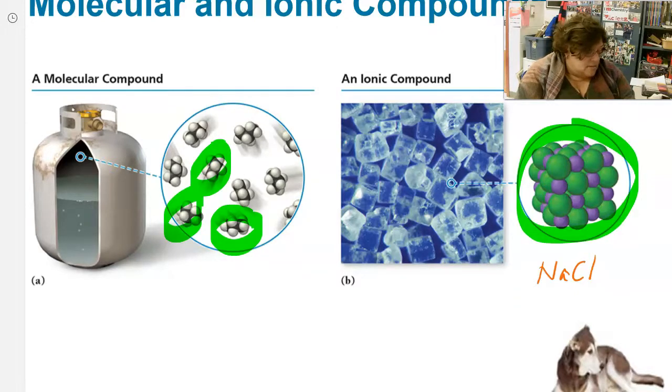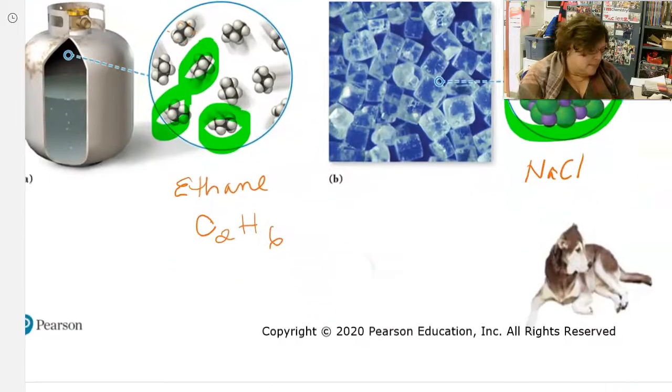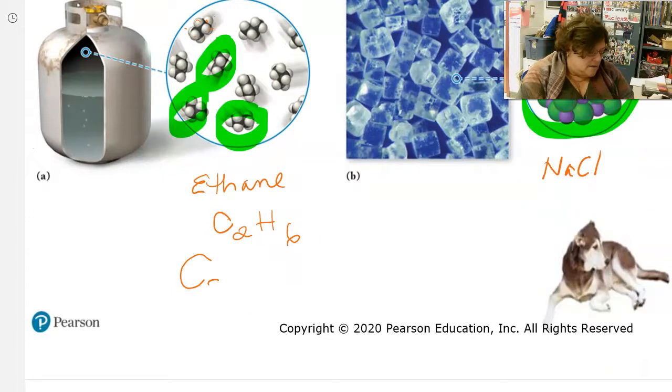And this looks to me like it's probably ethane, which is C2H6, because I'm counting 1, 2, 3, 4, 5, 6. Maybe not. I don't think that's a really good representation, honestly. Maybe it's supposed to be propane, C3H8. All right.